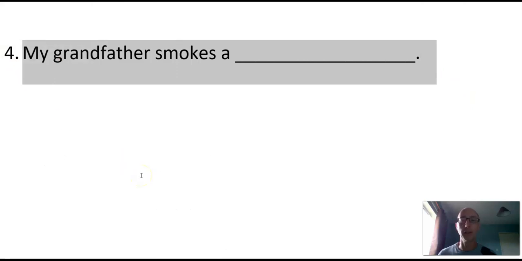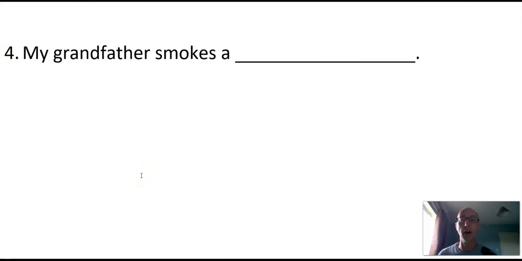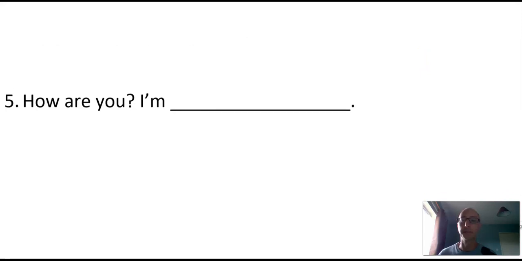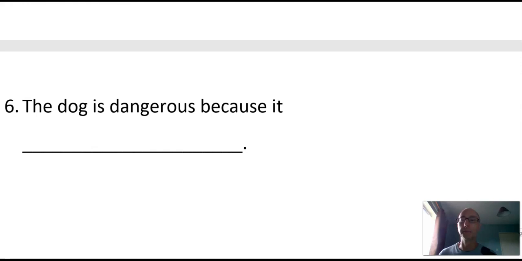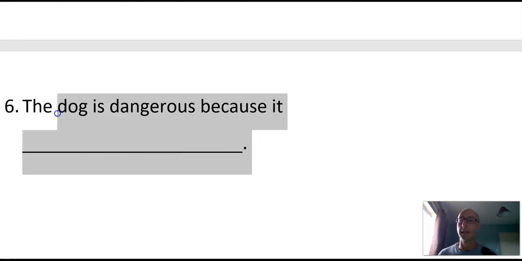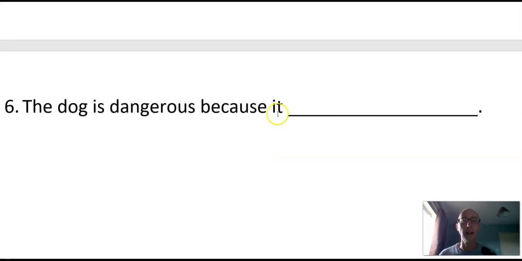My grandfather smokes a what? Silent E, I in the middle. This one we've already done. Number 6. The dog is dangerous because it what? So what's the word we use? Silent E at the end and an I in the middle.